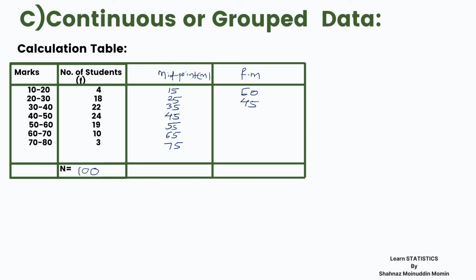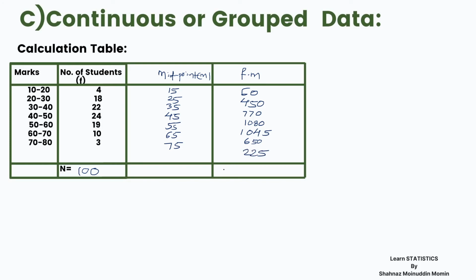450. Likewise, 770. And last one is multiply 3 by 75, which comes out to be 225.